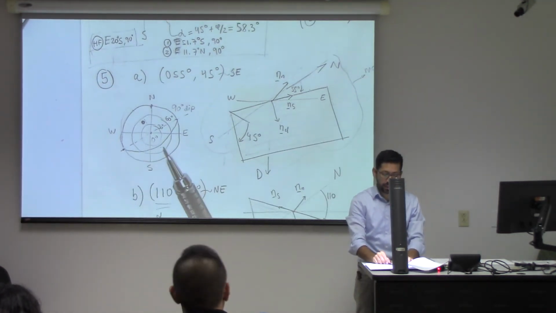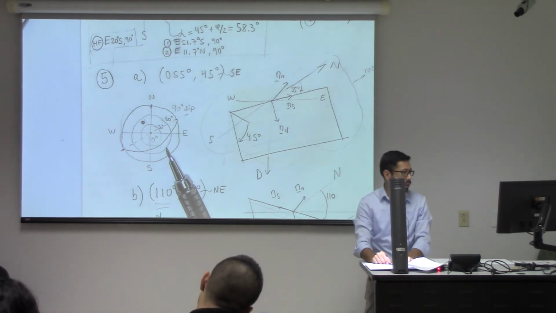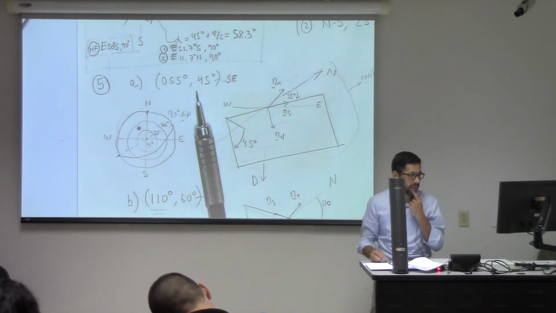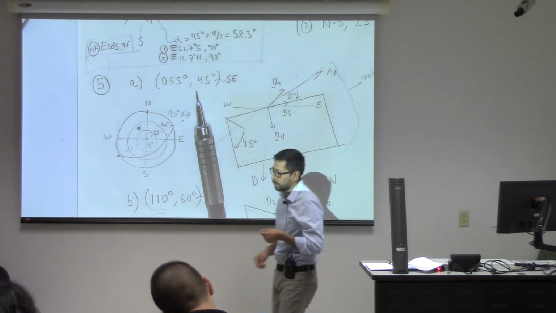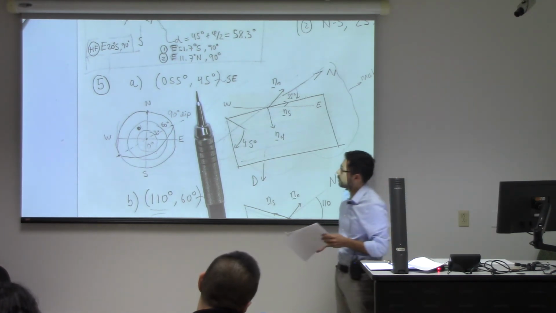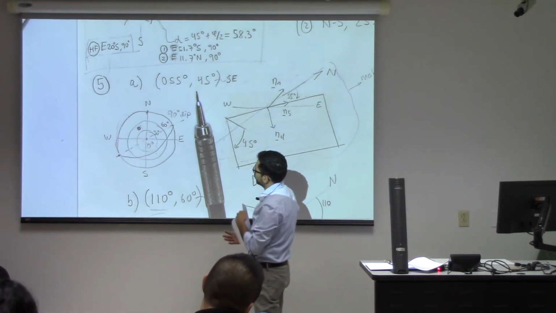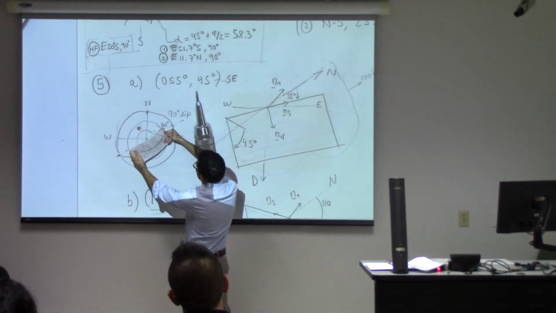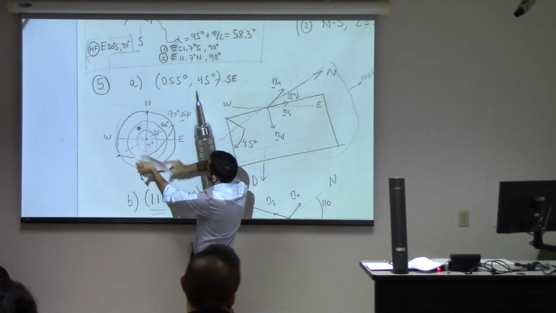So in this case, this is going to be the stereo net. This is a fault which is 55 degrees with azimuth and dipping 45 degrees to the southeast. So this is a fault whose strike is this 55 degrees and it's dipping 45 degrees towards the southeast.